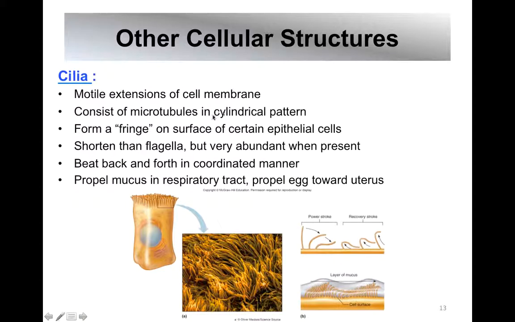Cilia. Cilia are extensions of the cell membrane. They have microtubules that move the cilia. Cilia are like flagella, but they're shorter and there's more of them. One of the functions of cilia is to move stuff over the cell.